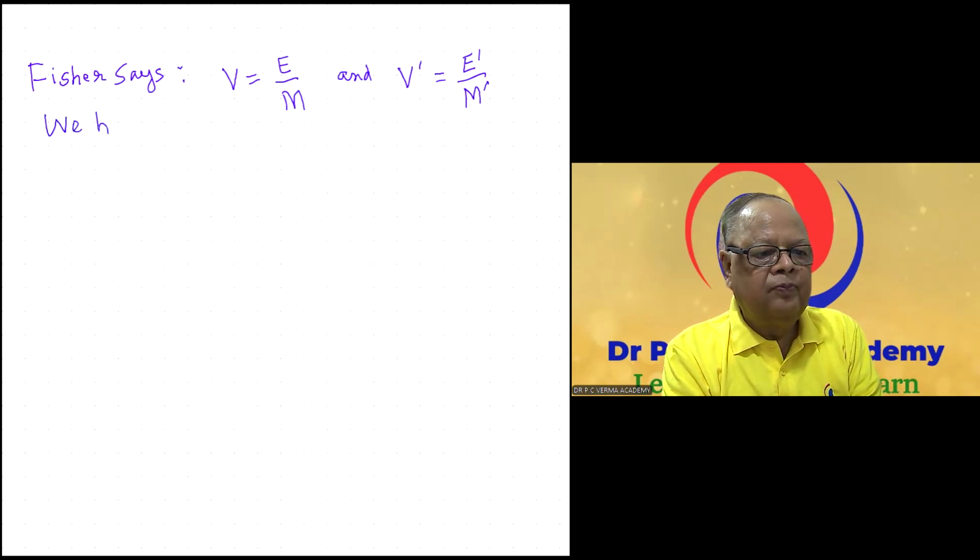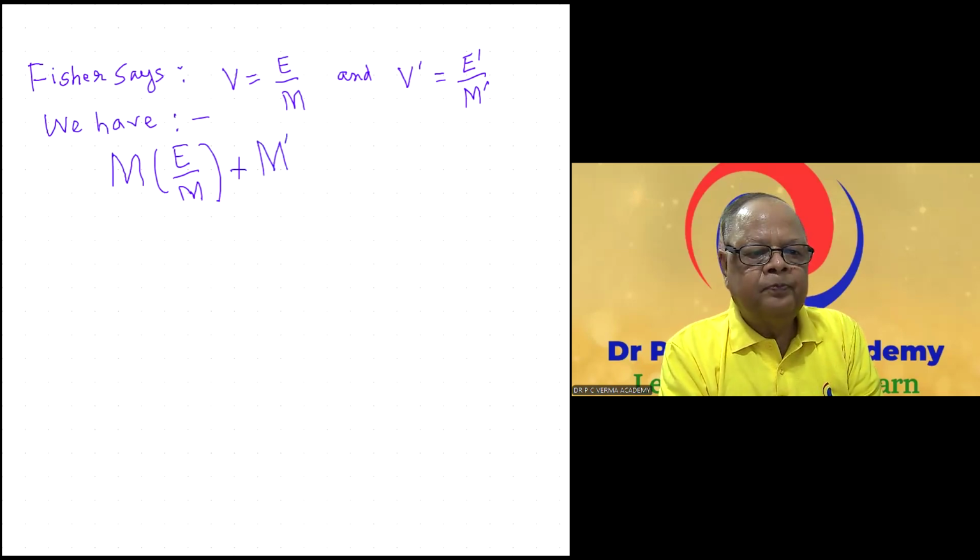We have M, E by M plus M dash, E dash by M dash, equal to PT.